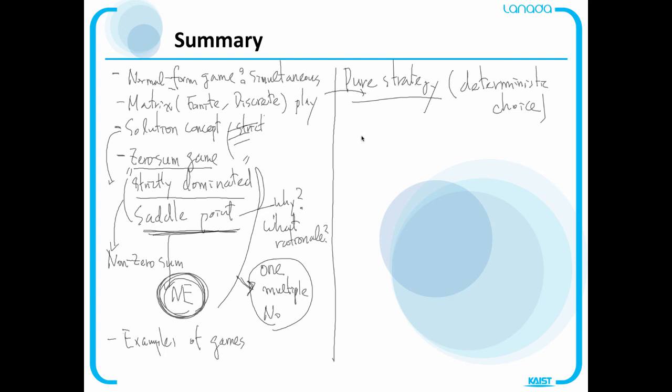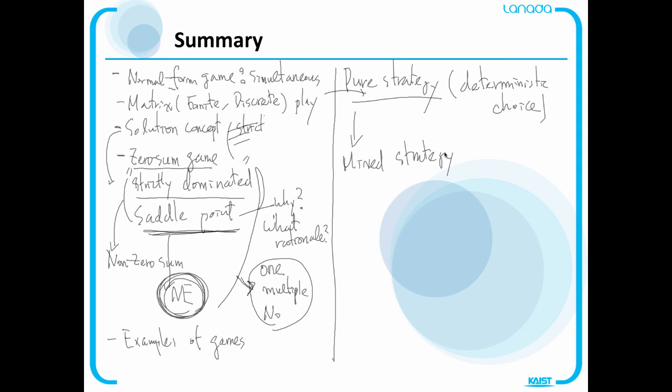Now we're going to extend to the mixed strategy in the next lecture, where I apply a probability distribution over the strategy vector. With some probability I will choose this, with some probability I will choose that, and so on.